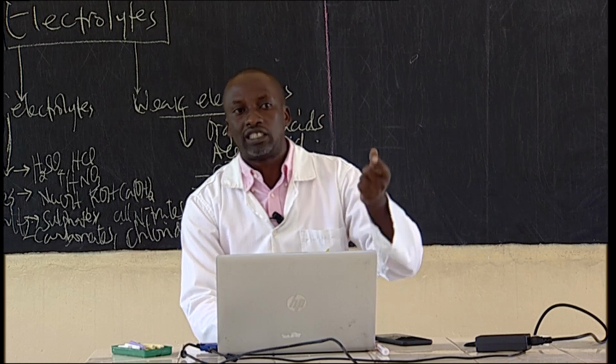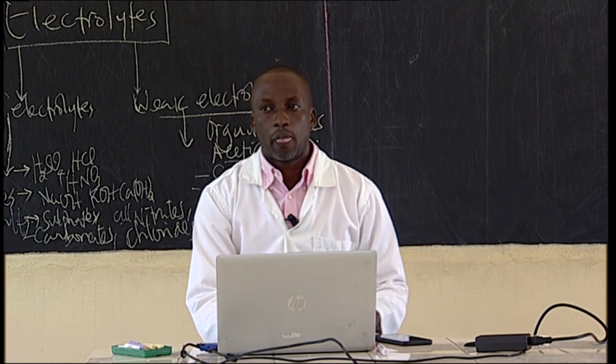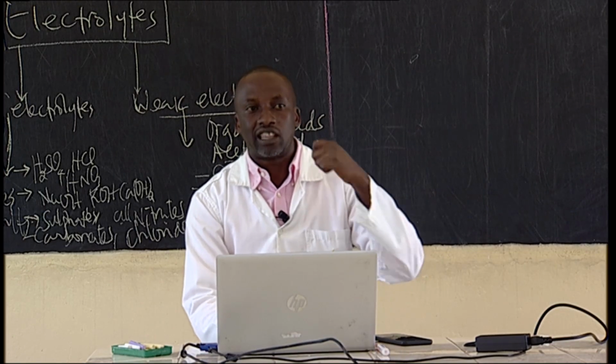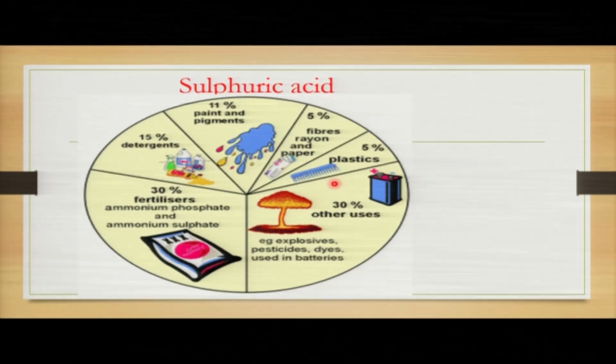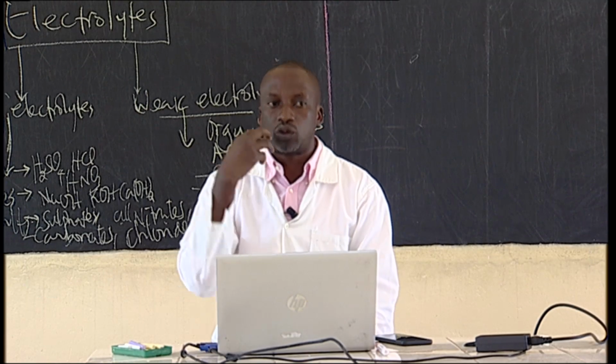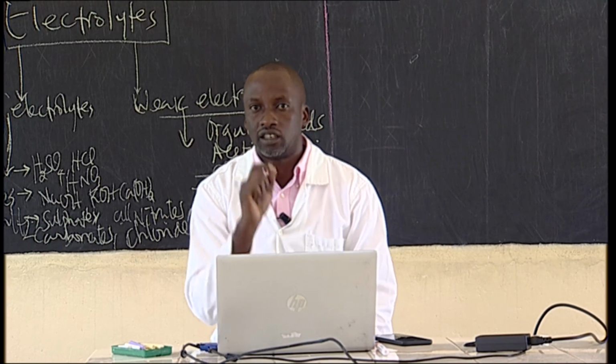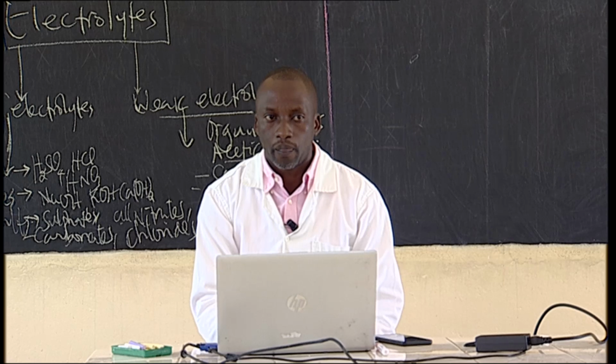So the liquid that is in the battery of the car that makes the vehicle start, because when you don't have this battery in your vehicle, the vehicle cannot start. The liquid that is there that generates the current to start, or generates the power to start the vehicle, is sulfuric acid, dilute sulfuric acid.